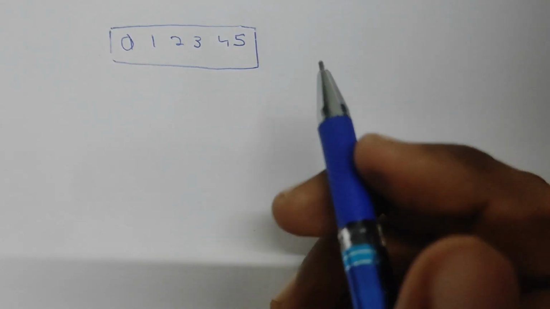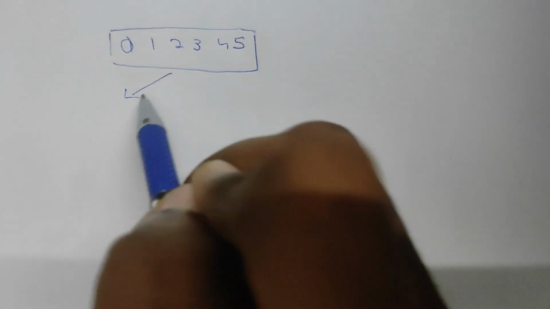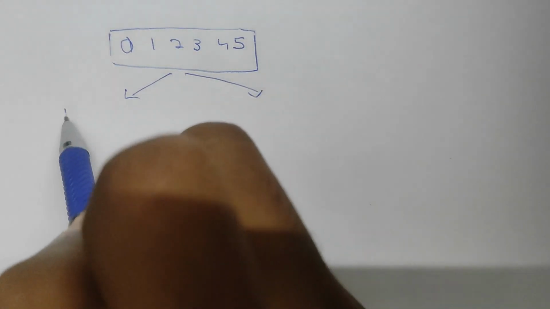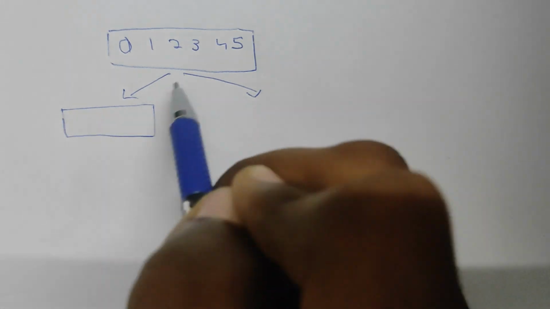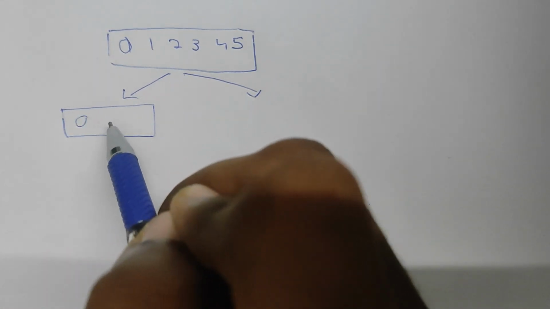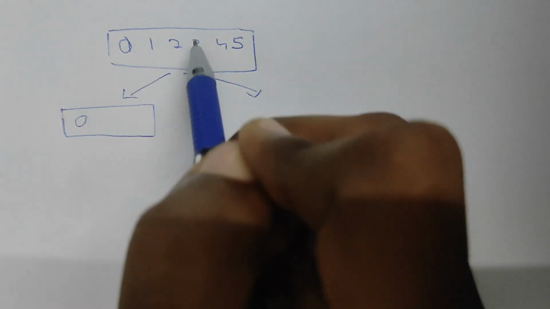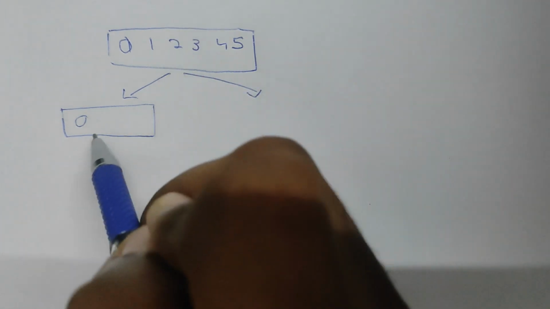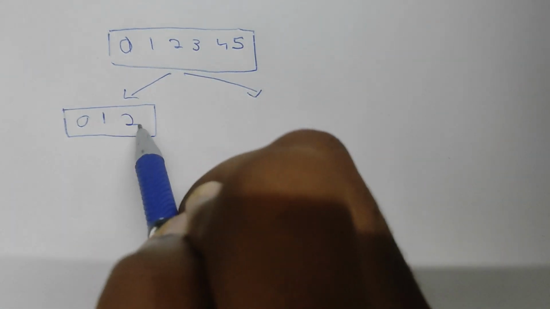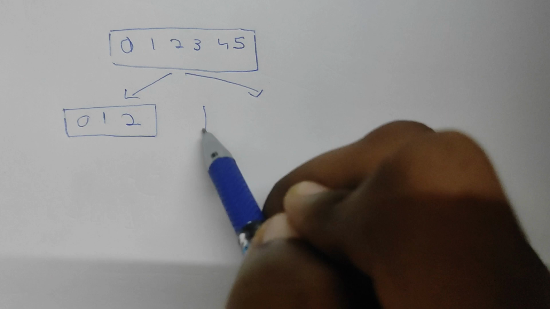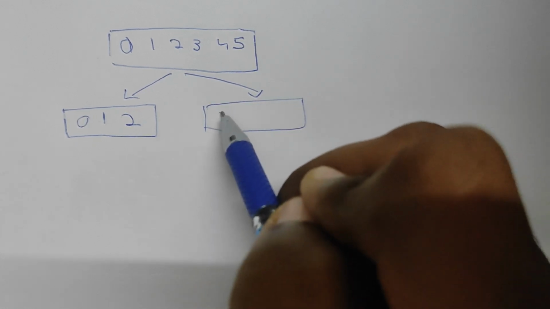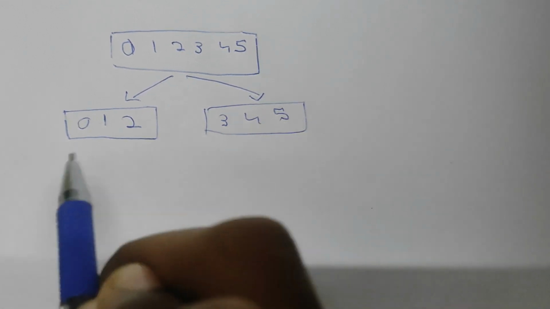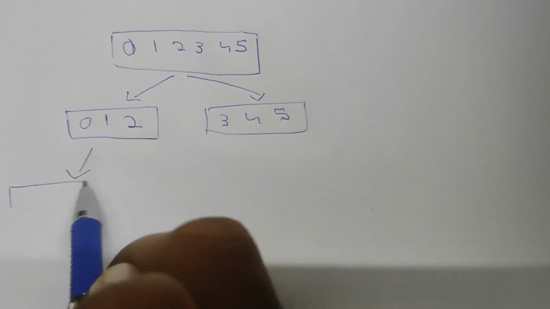So what do we do in a segment tree? First we split this array into two arrays, right? So in the first array the values would be till the middle element, so the values will be 0 1 2, and in the second subarray the values will be 3 4 5, and this will go on, so this will again get split.